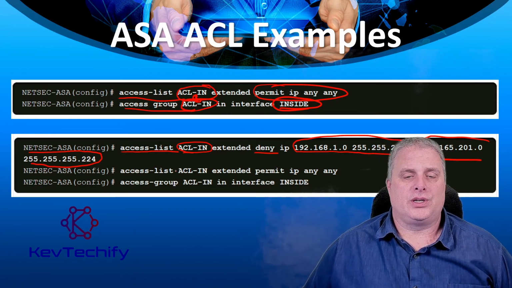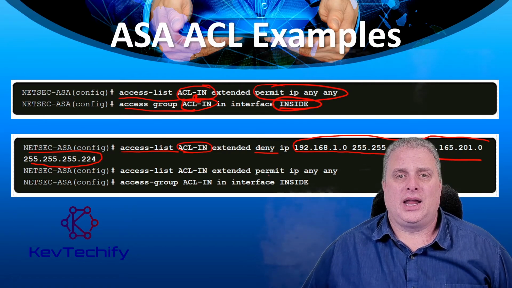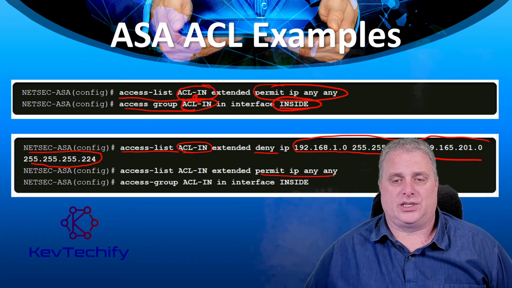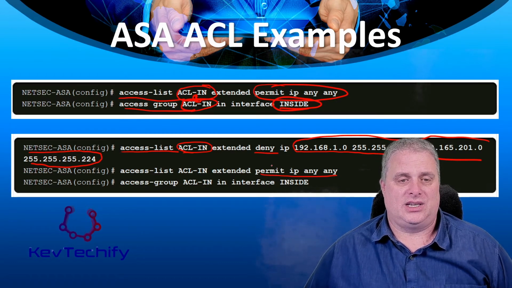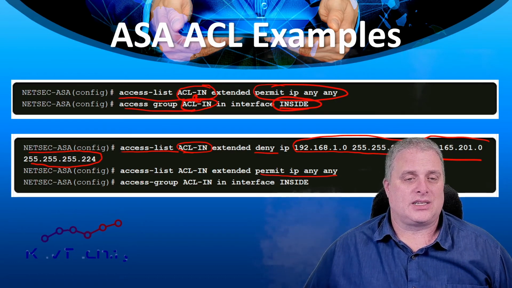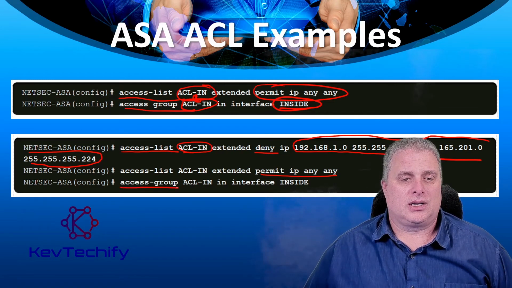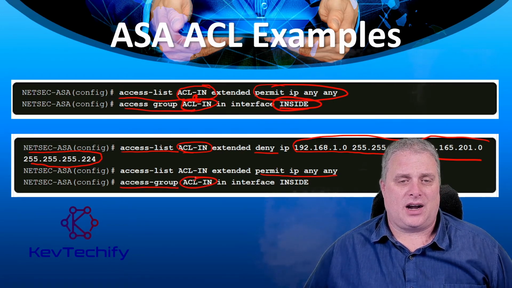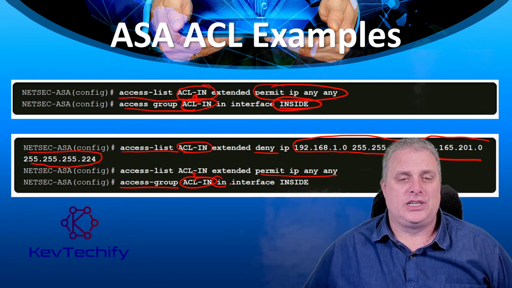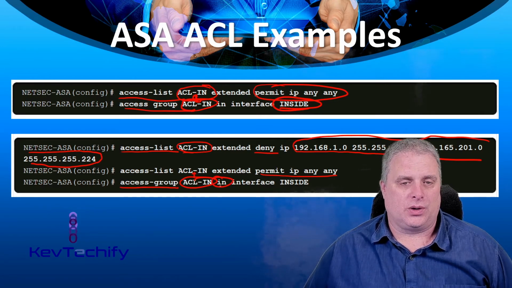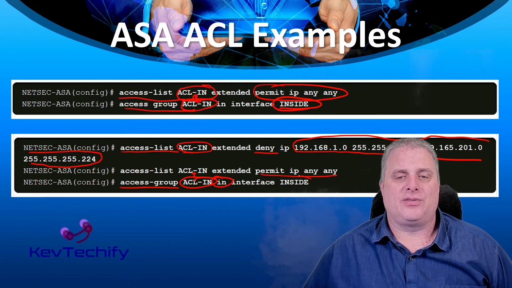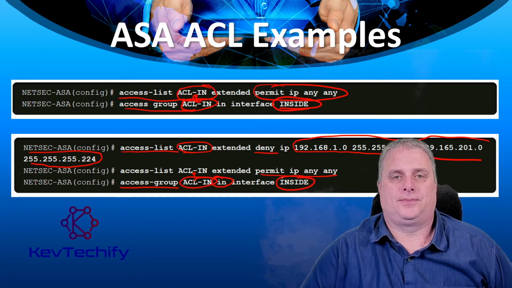Then we're also going to allow any other internal devices to all other addresses. That's what the second ACE does. Once we've created our access list, we apply it using the access-group command. We specify our ID, once again ACL-in, and what direction we're going. So any inbound traffic on interface inside.